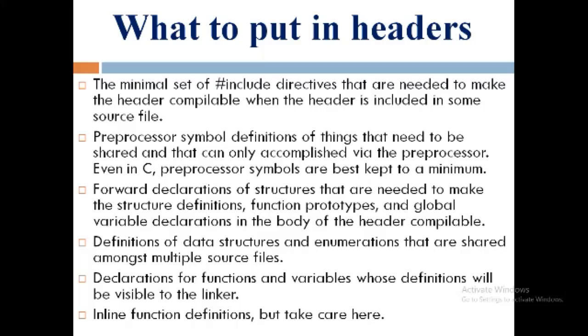Even in C, preprocessor symbols are best kept to a minimum. Forward declarations of structures that are needed to make the structure definitions, function prototypes and global variable declarations in the body of the header compilable.